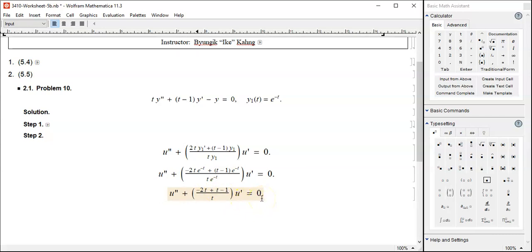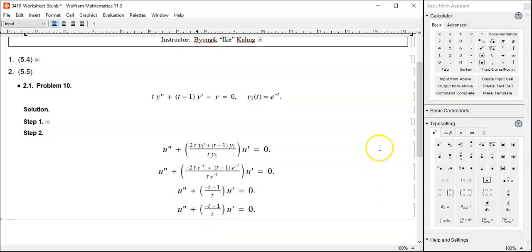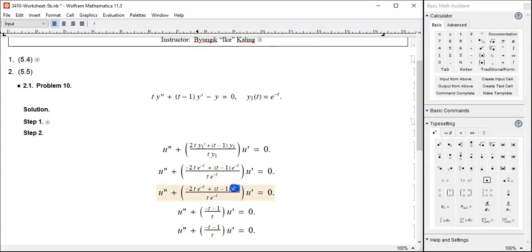And further simplification. Negative 2t plus t, so we're going to get negative t minus 1, okay, dividing everything by t. As a matter of fact, I think that was a bit too much. I just have to copy and paste this thing.